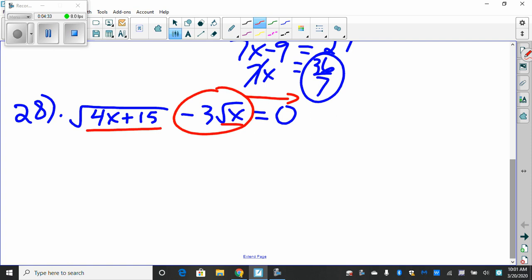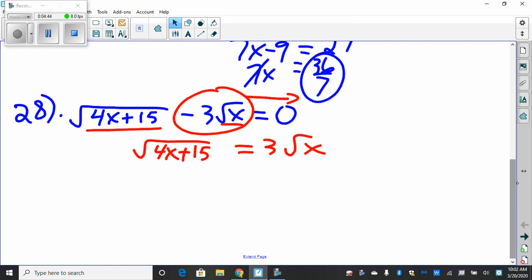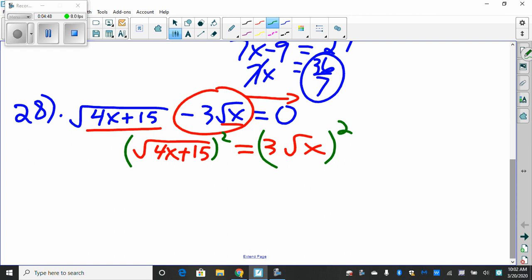So if I do that, I'll just have the square root of 4x plus 15 on the left side equals adding the 3 root x over here. At this point now, I can square both sides. Notice the use of parentheses here. That square is going to affect that 3 because it's inside the parentheses, right? So what do I have left over here? Just 4x plus 15. Now over here, it will be 9x, because the square root of x squared is x.